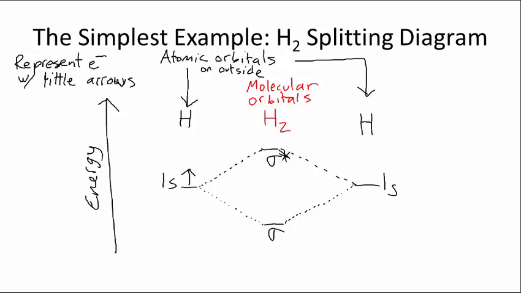So we start with the 2 hydrogen atoms. Individually, they each had 1 electron. When they come together, they make this bonding orbital and this antibonding orbital. Now, if you were those 2 electrons, which orbital would you rather go in? The bonding orbital.